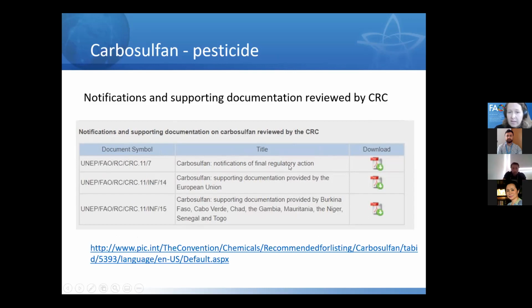You find here the notifications and the supporting documentations of the two parties, in this case the European Union, and also the 8 West African countries, namely Burkina Faso, Cabo Verde, Chad, Gambia, Mauritania, the Niger, Senegal, and Togo. And you find it on the web page.